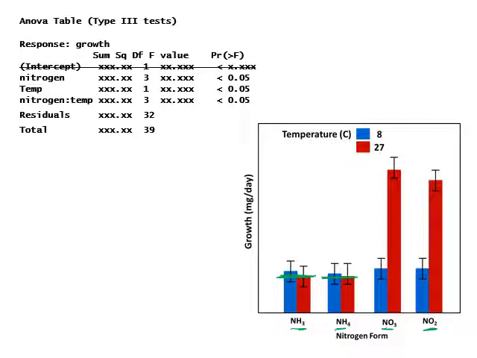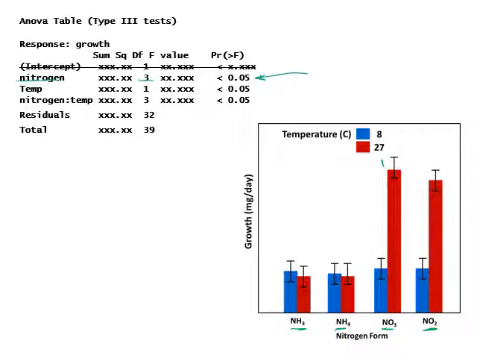But the mean for NO3, the average between the mean at 8 degrees and the mean at 27 degrees, is up here somewhere. And the average growth in the NO2 treatment is maybe a little bit lower, maybe right here, but these 2 means are pretty different from these 2 means. So nitrogen with 3 degrees of freedom has a significant effect, and you're tempted to reject the null hypothesis that nitrogen has no effect on growth.